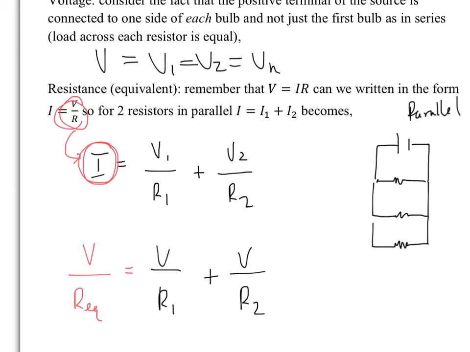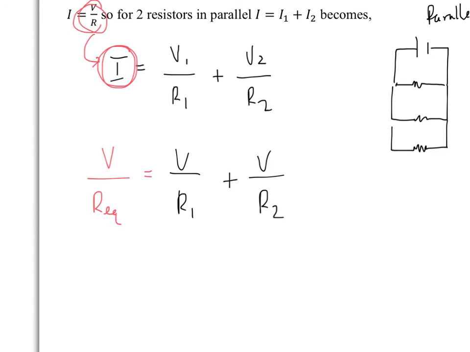Now, V is the same in every term, what can we now do? You can cancel here. Technically, you're factoring it out and then canceling, but you can cancel in this circumstance. So cancel all the V's. What's left behind when you cancel something? 1 over. 1 over. Very good. So what does this statement tell us?